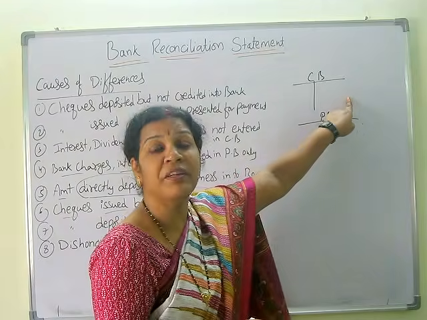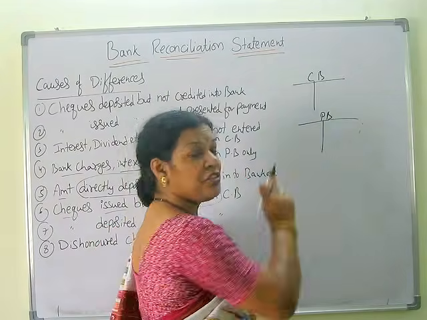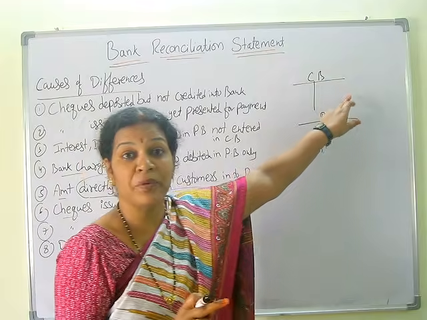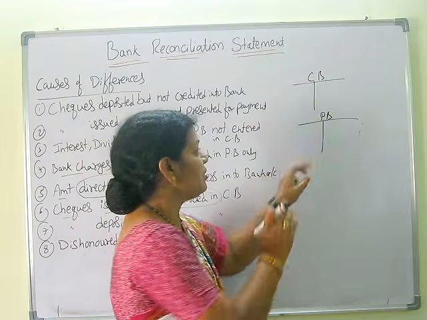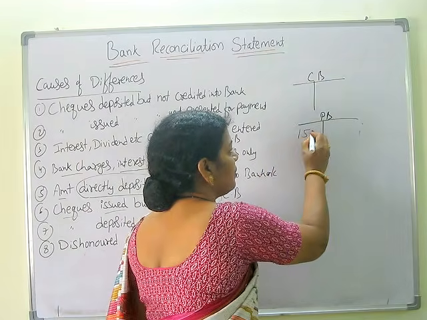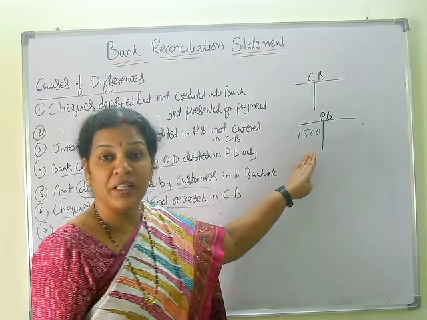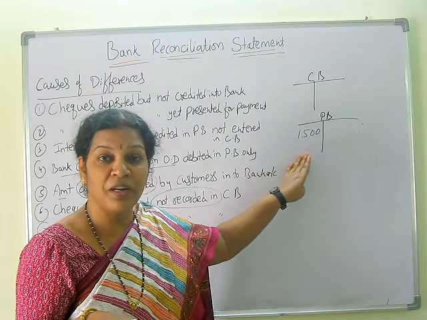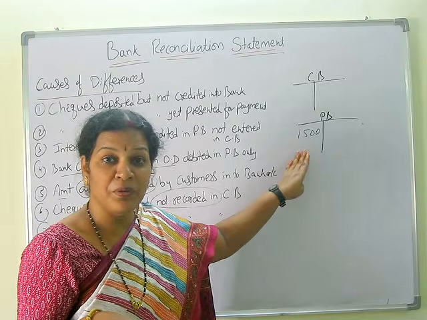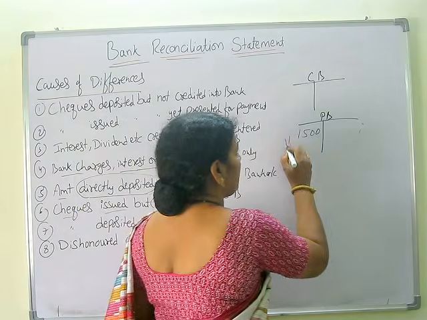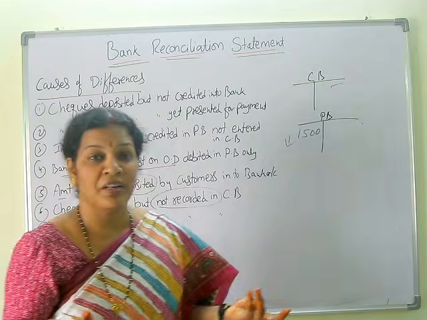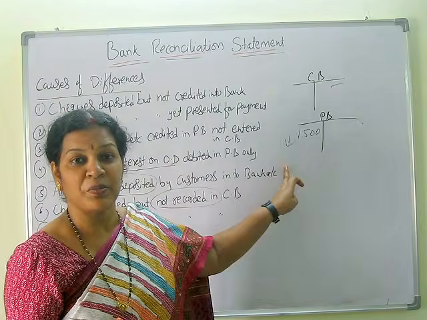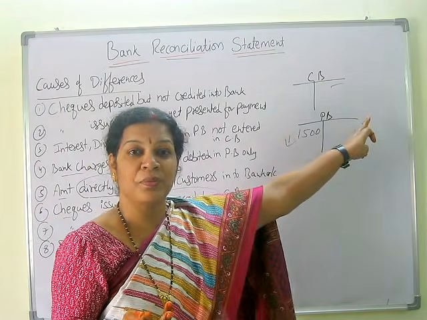Say we issued a 1500 check, we have to write it, but we are not writing. In the passbook, when we issued it, the bank took the amount of the check, 1500. In the passbook you write it on the debit side, so the passbook value is decreasing. But in the cash book there is no entry at all. So the passbook is less, and the cash book is more.